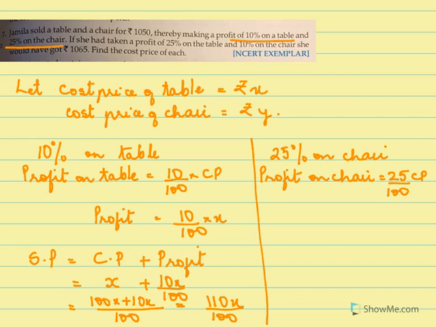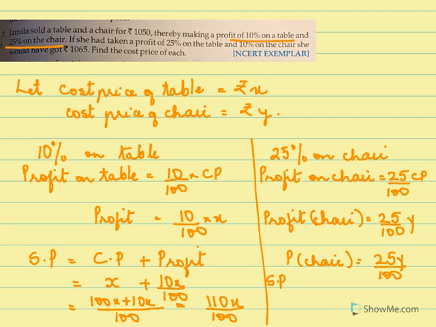Profit is always calculated on CP, on the cost price. So profit of chair will be equal to 25% of Y. So profit on chair will be equal to 25Y over 100.